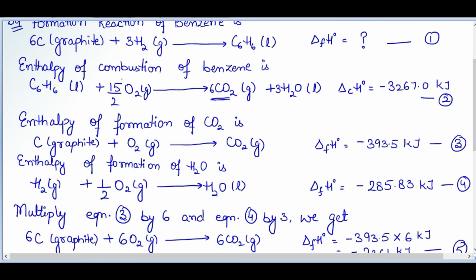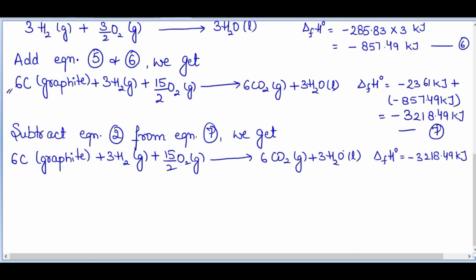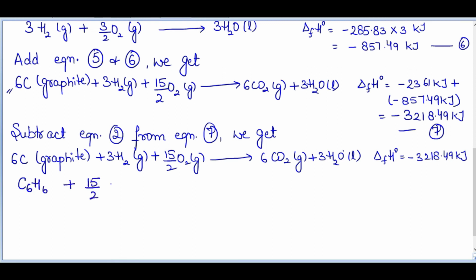So in this case, they are saying benzene is burning in the presence of oxygen and producing carbon dioxide plus water. And in this case, enthalpy of combustion is minus 3267. So you just write this equation. So it will be C6H6 plus 15 by 2 O2. This is gas and this is liquid.